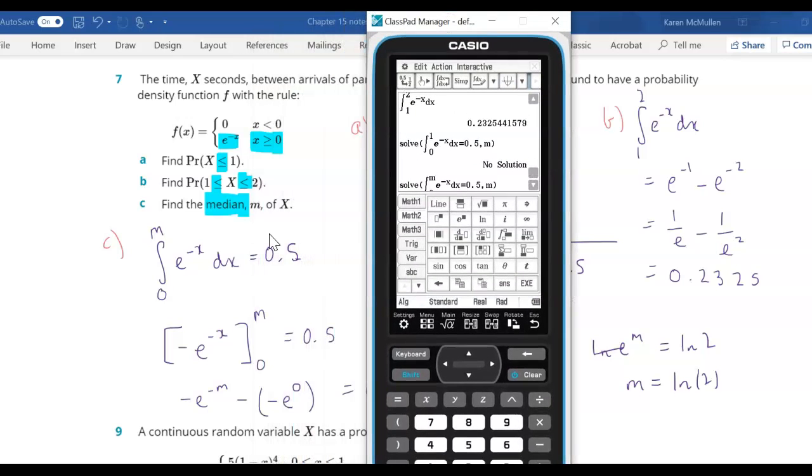So you can see at C, that's what I had to put into the calculator. That's why I got no solution. After telling you all about the right thing to do to write it, and then I don't even get the answer. Okay, so you could see they gave us the exact answer, but let's now put in the decimal. So 0.6931.